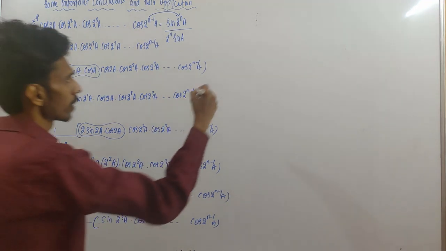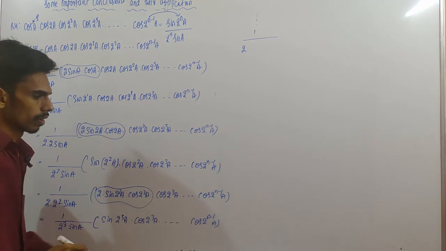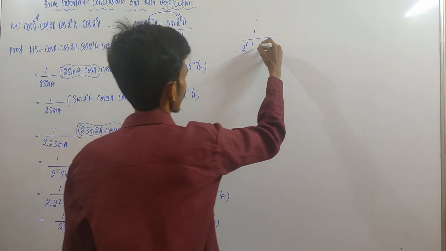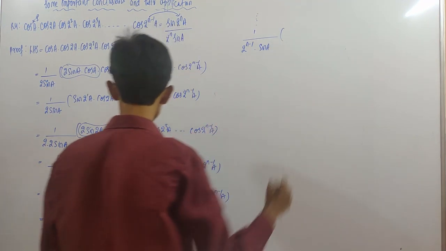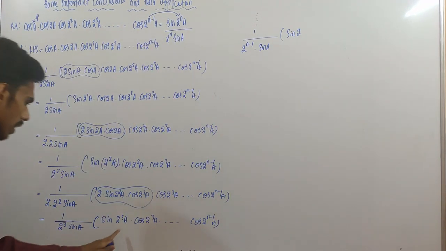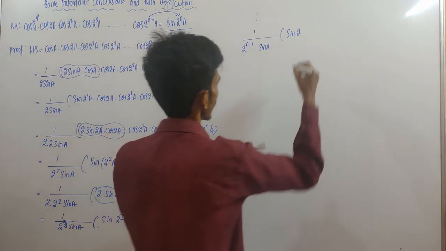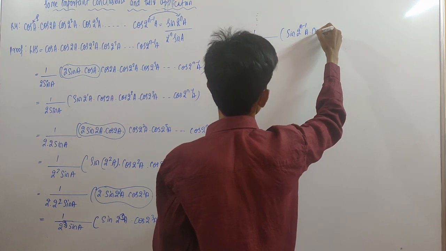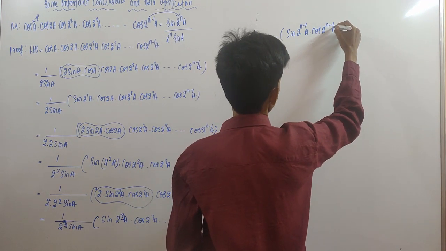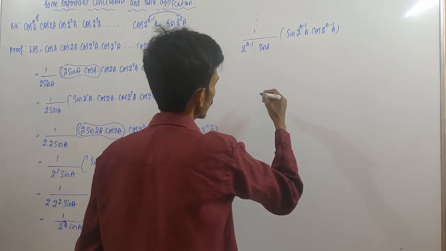We have 1 by 2 power of n minus 1 into sin A, into sin 2 power of n minus 1 A into cos, the last value, cos 2 power of n minus 1 A. Now this is sin theta cos theta, so multiply by 2 and divide by 2.